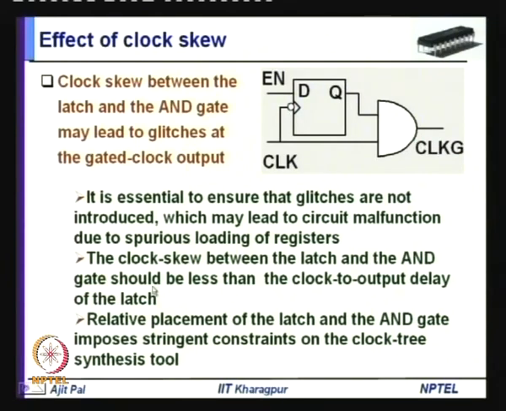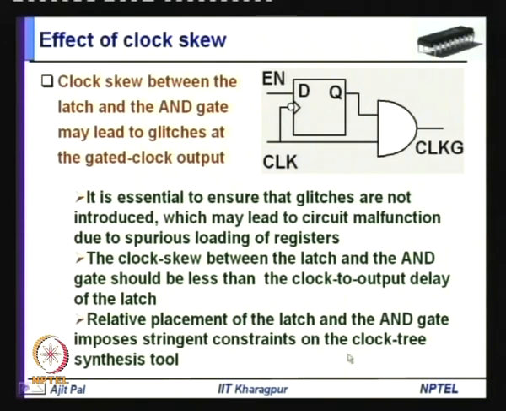So, what is the way out? The clock skew between the latch and the AND gate should be less than the clock to output delay of the latch. So, this condition has to be satisfied, and this will be achieved by relative placement of the latch and the AND gate, which imposes stringent constraints on the clock tree synthesis tool.